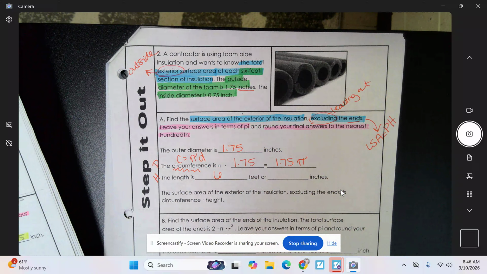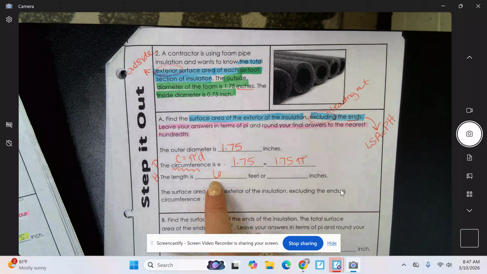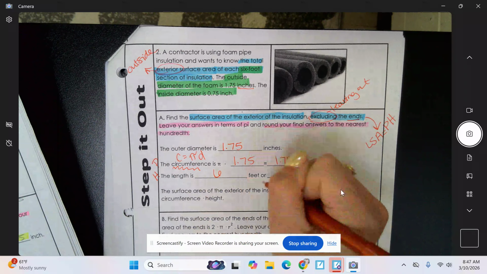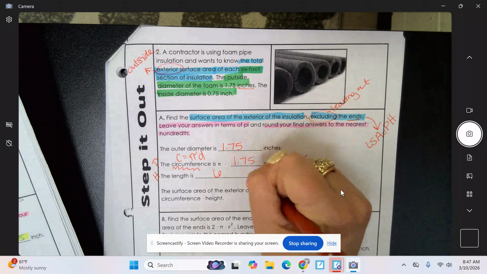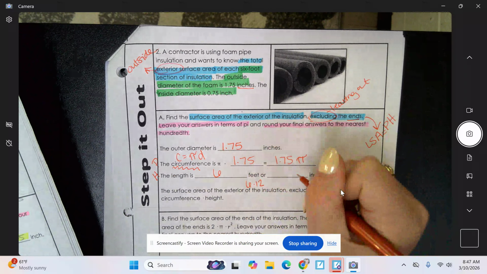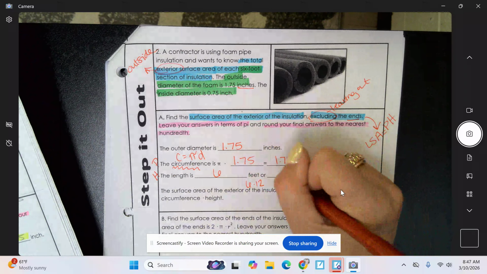So how many inches are in a foot? 12. Be confident, you know this. There's 12 inches in a foot, and we have 6 of them. So how are we going to figure out how many inches? 6 times 12, using your multiplication facts, which is 72.